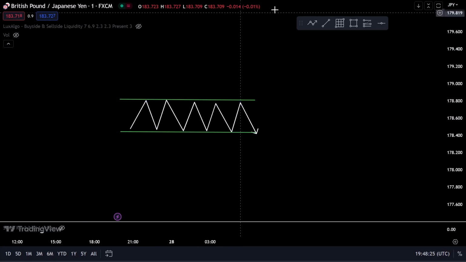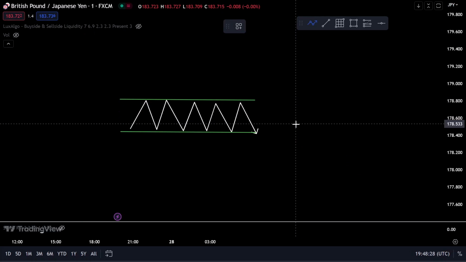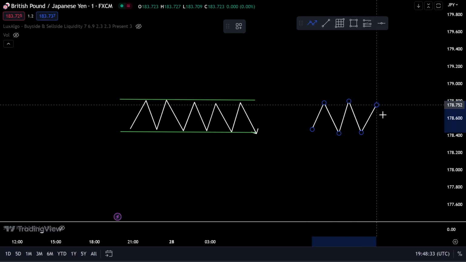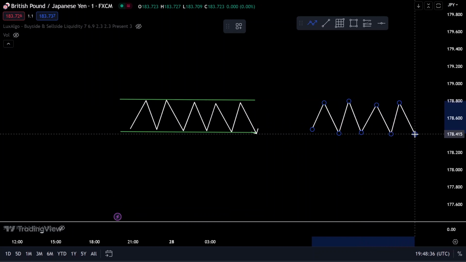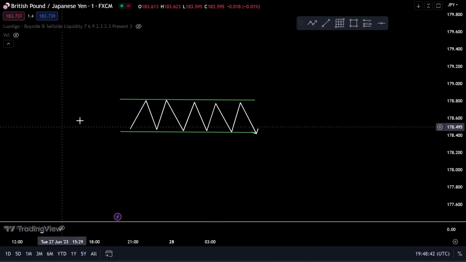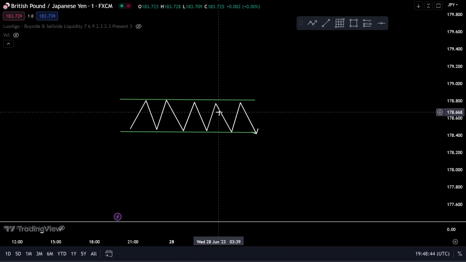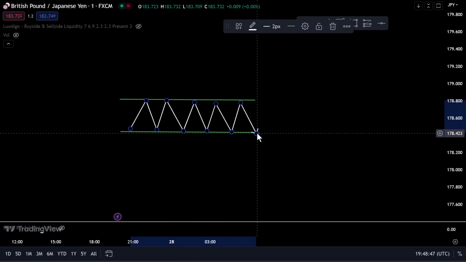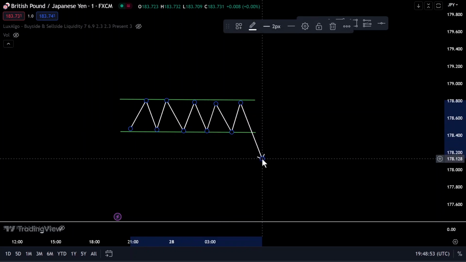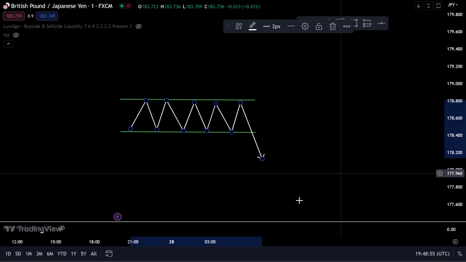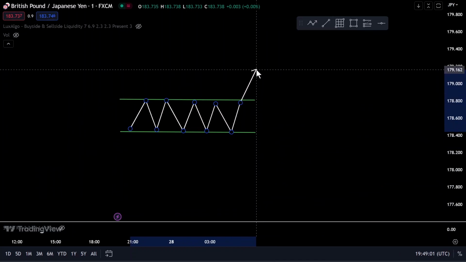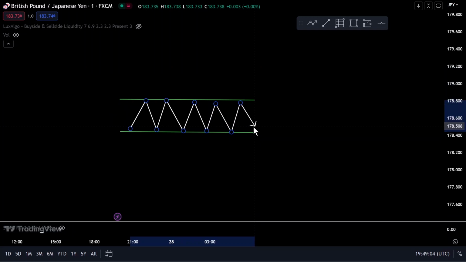Sometimes you can find markets not able to break a particular price, which we can call a resistance or support. So the market is just moving in a range. If you want to know the direction of the market, it depends on a breakout. Sometimes as the market moves in the range, there can be a breakout like this to the downside, or there could be a breakout to the upside. So this is what we call a range.